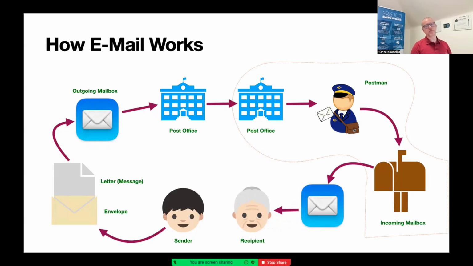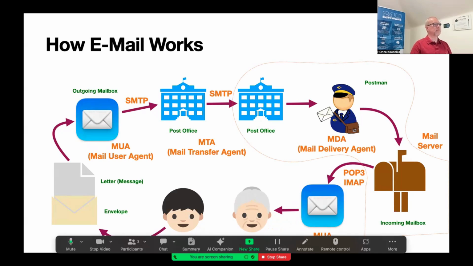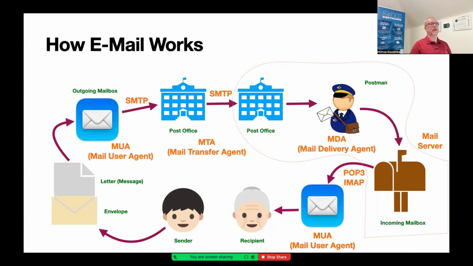But there is some new terminology being used, or at least it's new for me. It may have been used in English snail mail as well. So it brings some new terms like SMTP, which stands for Simple Mail Transfer Protocol, MUA, Mail User Agent, MTA, Mail Transfer Agent, and MDA, Mail Delivery Agent.